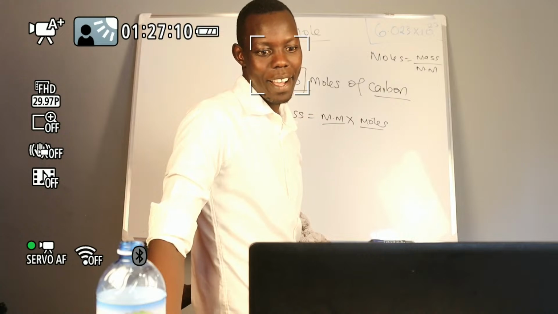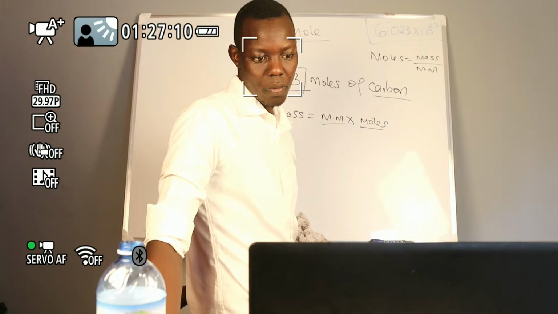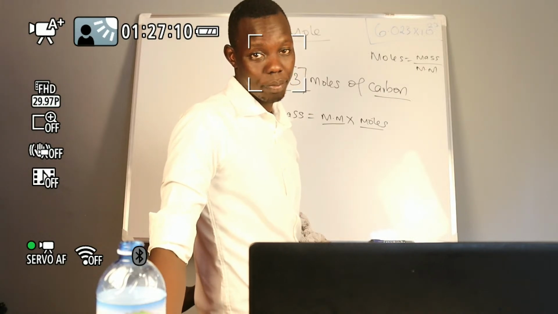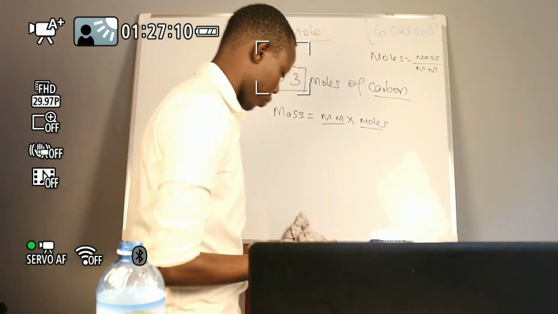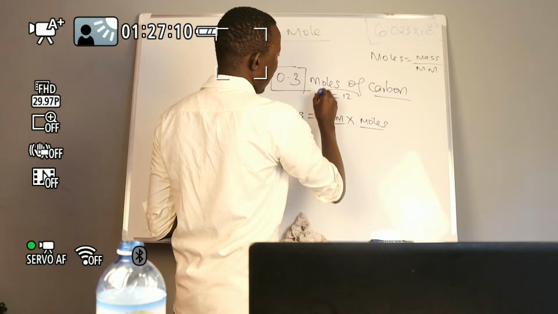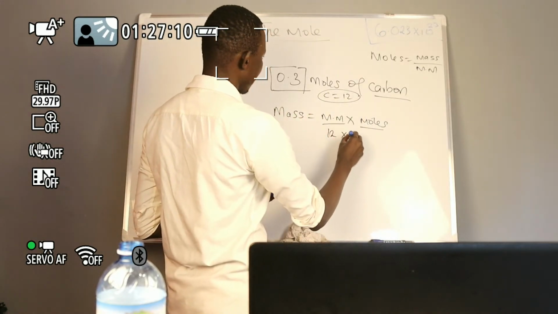Okay, I'm telling you now. You refused to write. C is equal to 12. So 12 times 0.3.